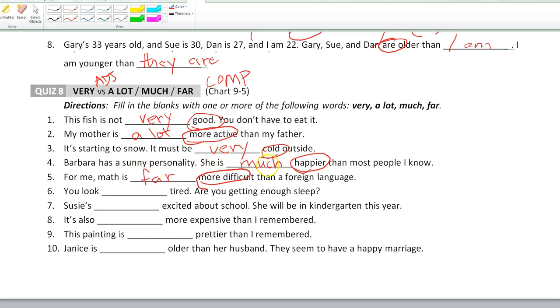But for comparatives, all three, a lot, much, and far, you just pick one. That's all you have to do. Okay, tired, adjective, very. Excited, adjective, very. More expensive, comparative, a lot. Prettier, comparative, much. Older, comparative, far. Okay, I hope that was simple enough.